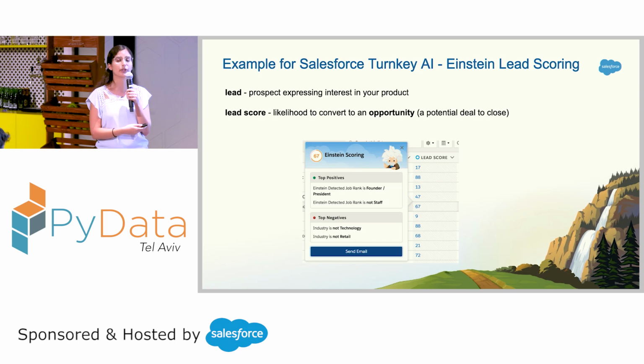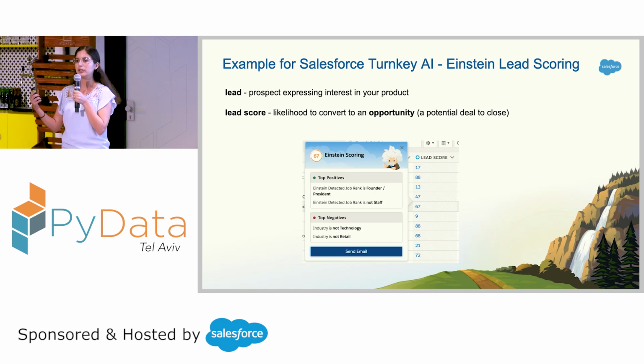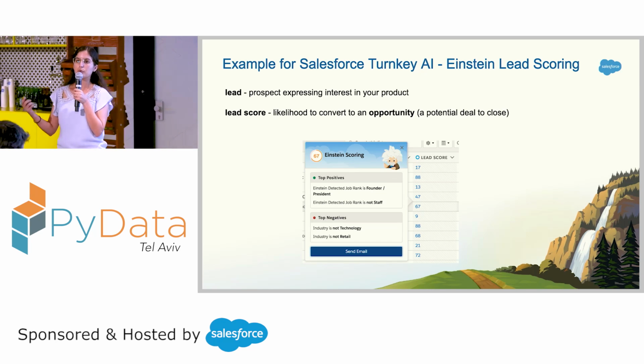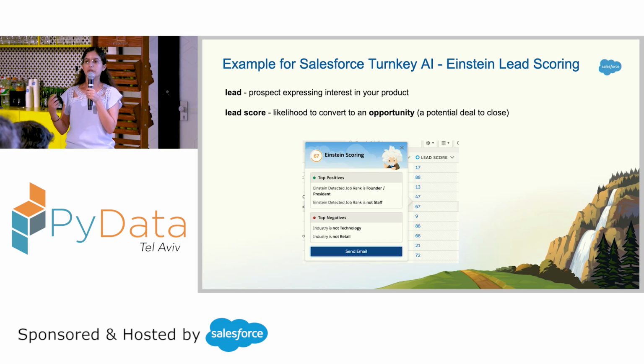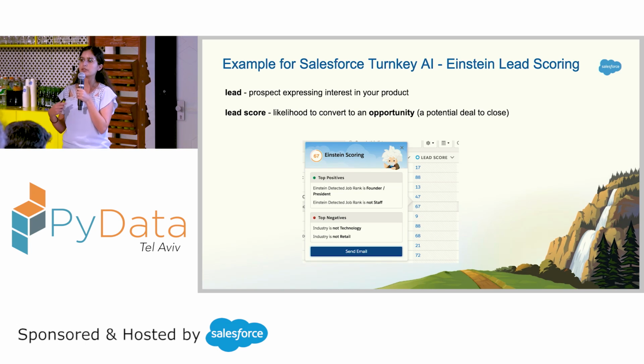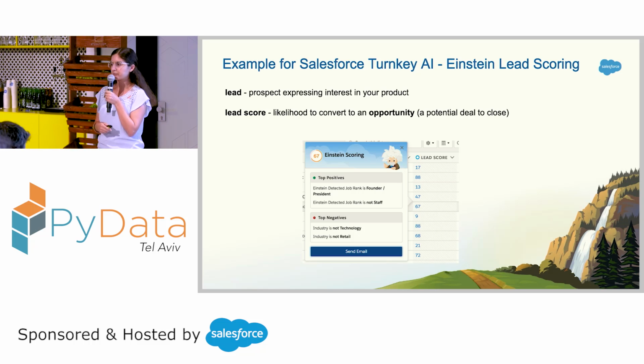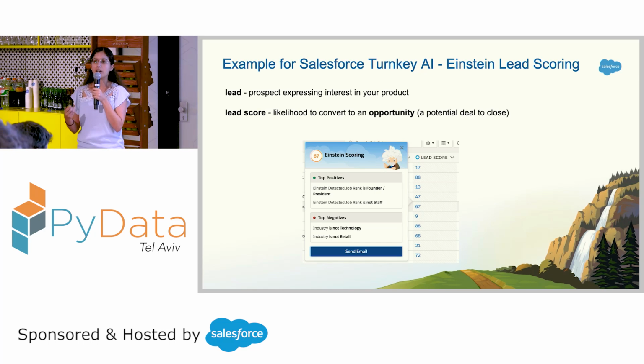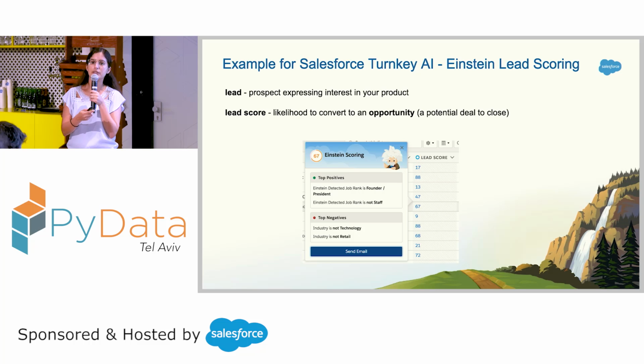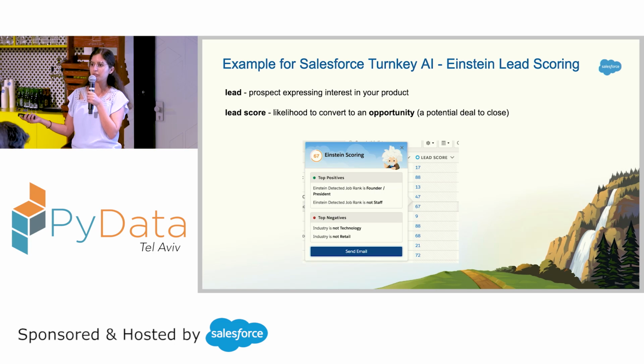Einstein lead scoring gives a score to each lead, and not only does it give a score, it also explains the logic behind the score, the reasons why this score was given to this particular lead. The score is given according to the likelihood of this lead to convert to a deal.